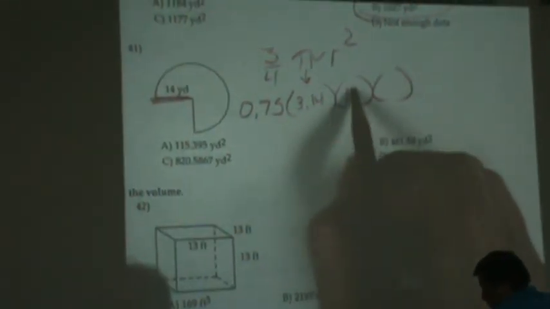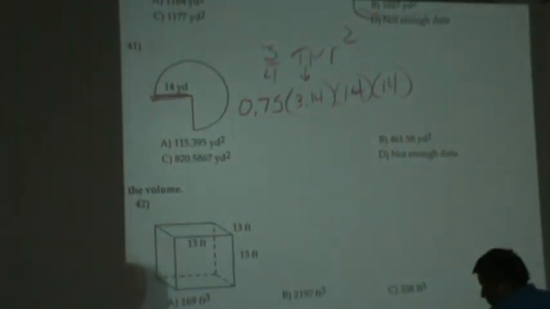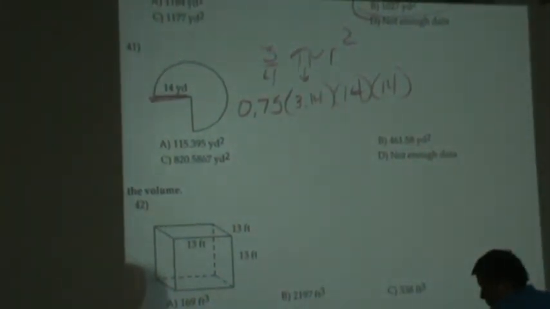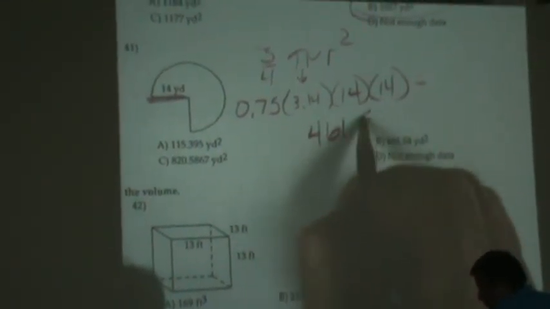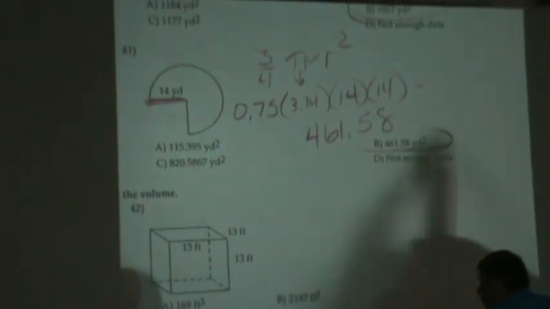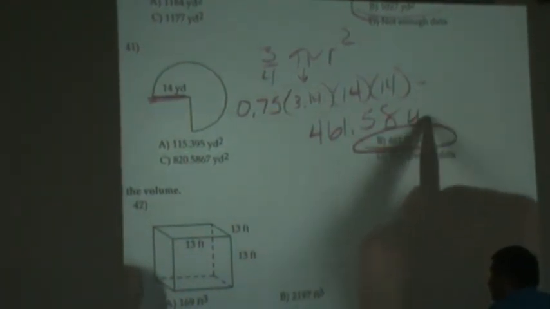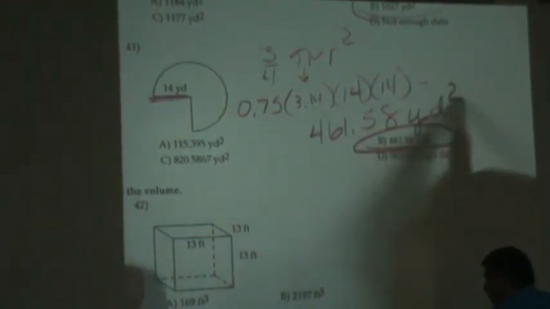Radius is 14, isn't it? So 0.75 times 3.14 times 14 times 14 is 461.58 units, square yards.